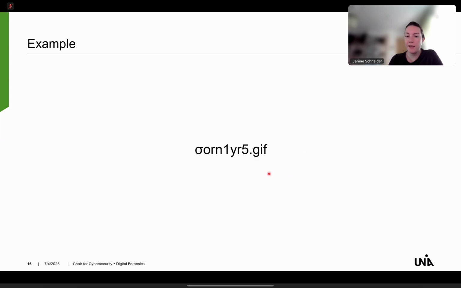It's a file in a FAT file system, and can anybody tell me, very quickly, in the chat, how FAT indicates that a file has been deleted? Everybody should know that by now. How does the FAT file system indicate that the file has been deleted?